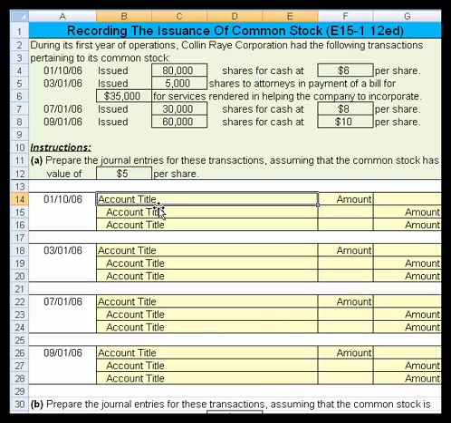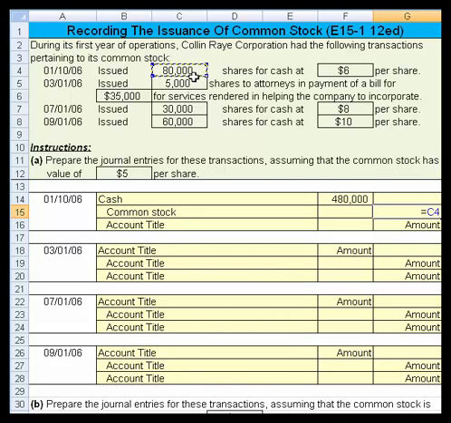In the first case, we get cash of 80,000 shares at $6 per share, so we multiply that out: 80,000 times 6, and we get 480,000. And that represents common stock. So we need to record the common stock, and the common stock is equal to the 80,000 shares times its par value.